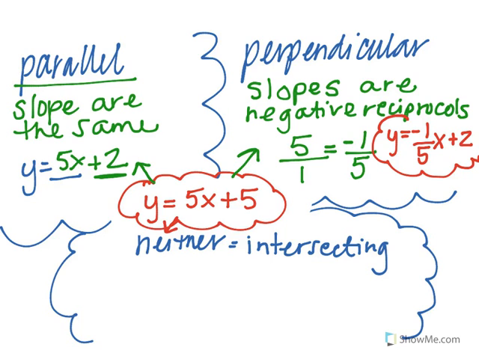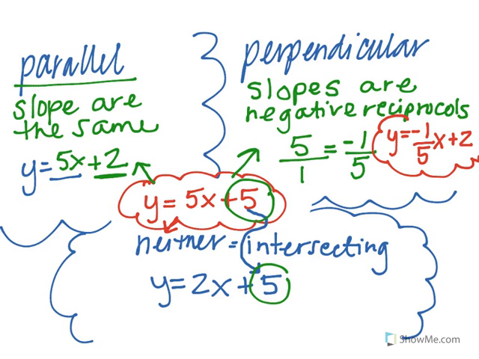So if I want to come up with a line that intersects with this, if I wrote y equals any slope, it didn't matter what it would be, I could put 2x. As long as I put the same y-intercept of 5, I know that my two lines will intersect at 5 because they have the same y-intercepts.